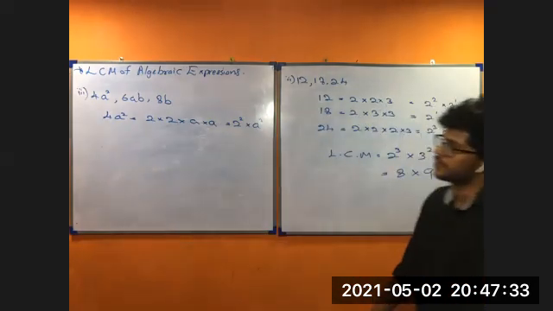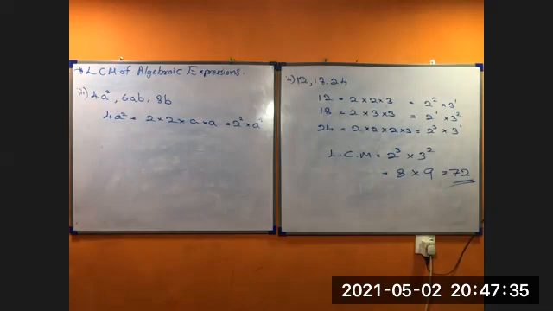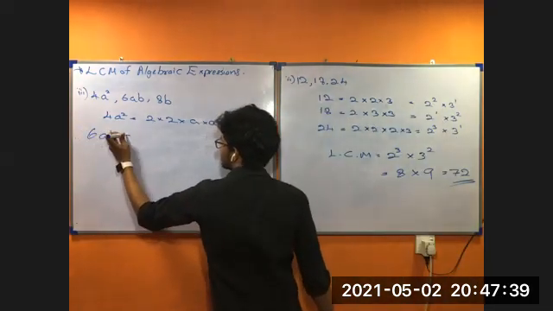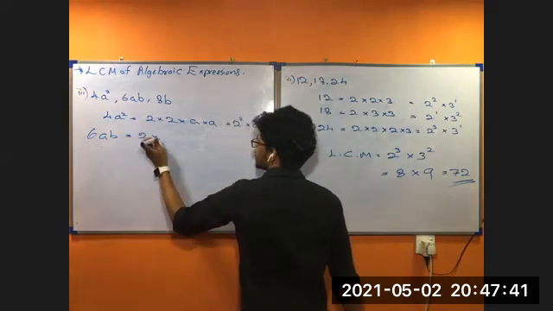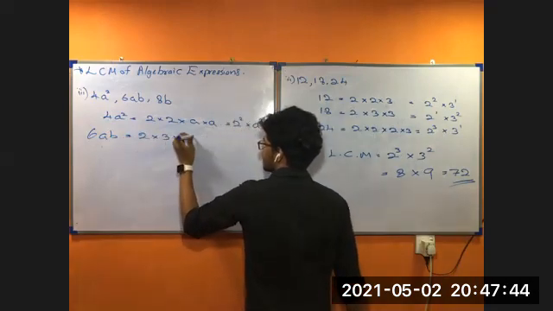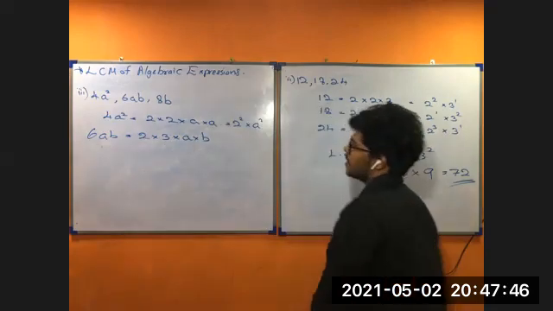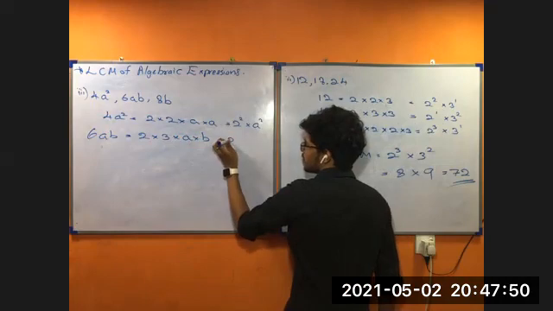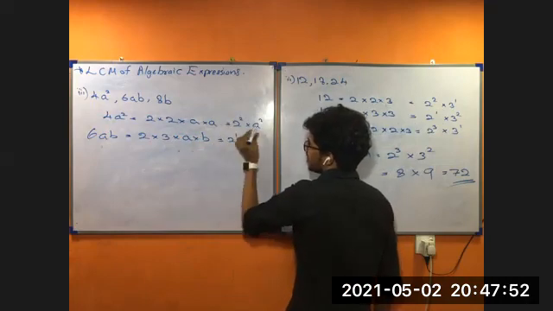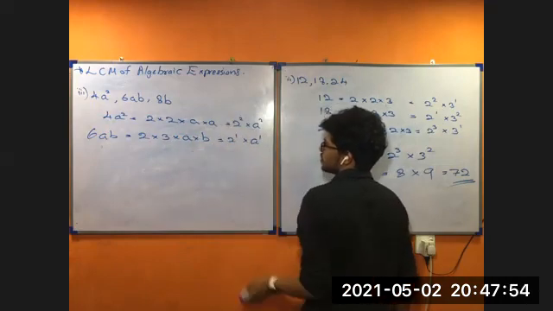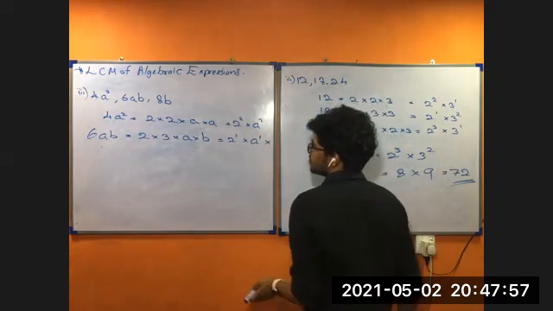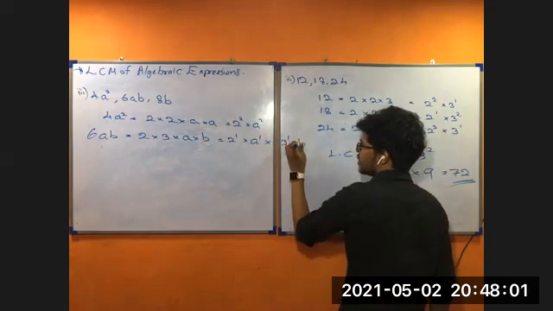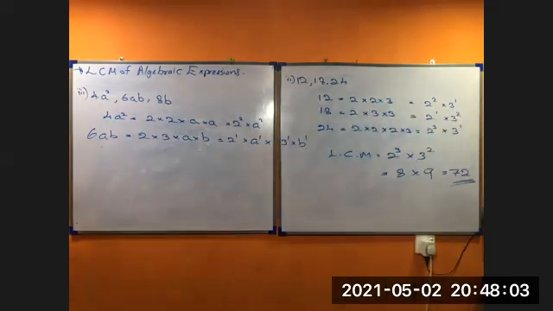Then 6ab is 2 times 3 times a times b. So that is going to give me 2 to the power 1 multiplied by a to the power 1 multiplied by 3 to the power 1 multiplied by b to the power 1.